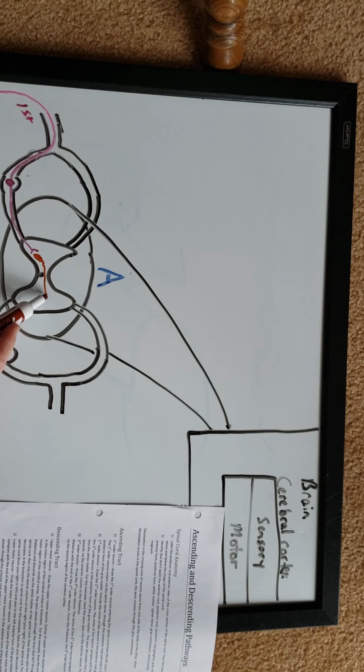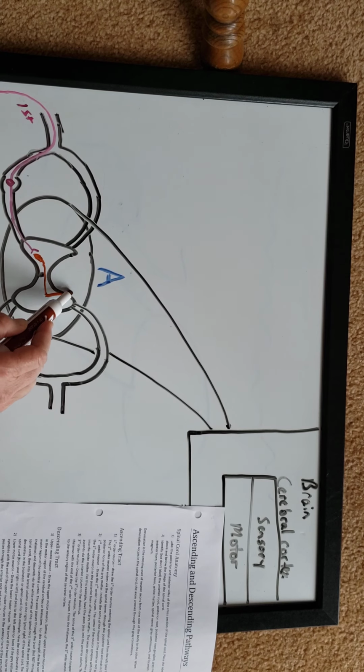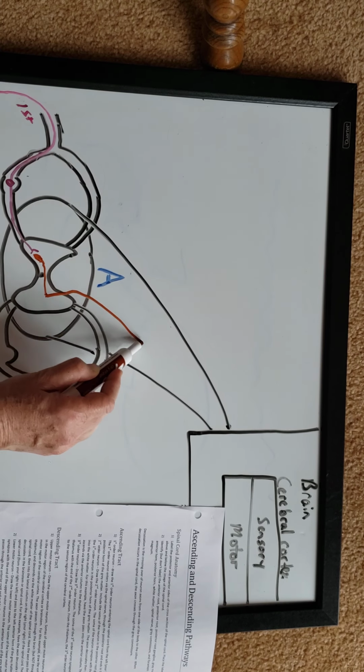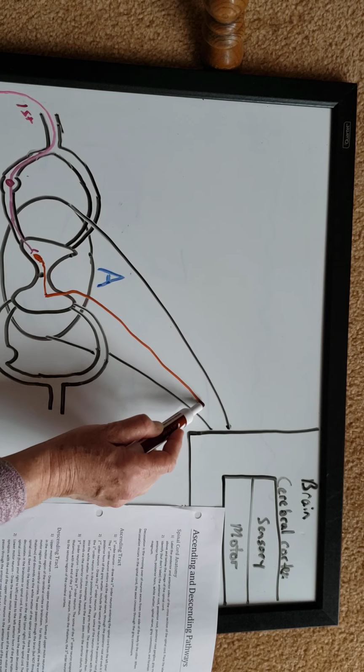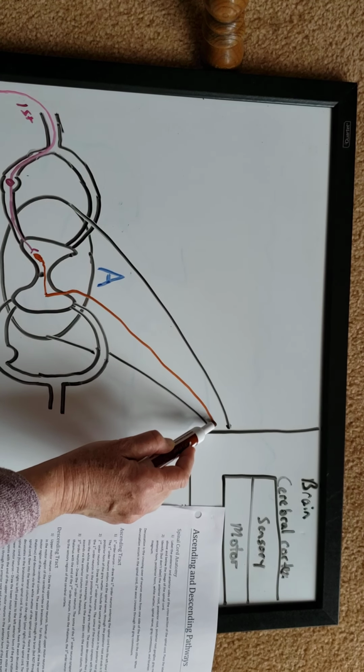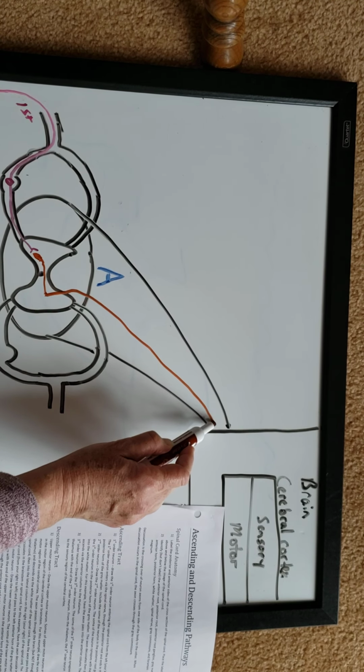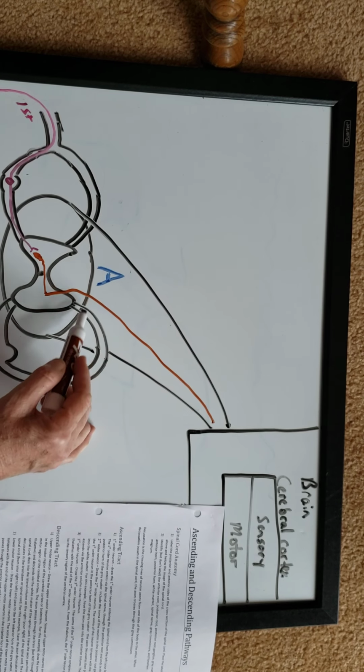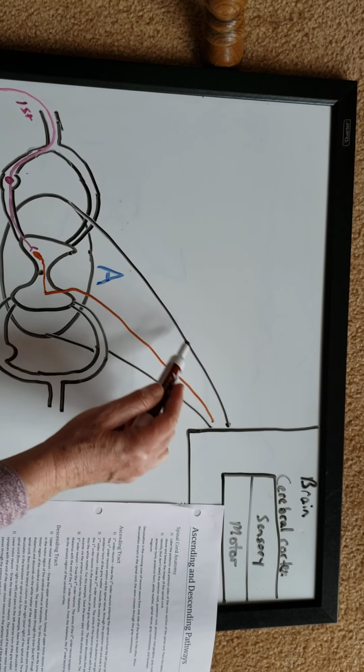So that neuron decussates, passes over to the other side of the butterfly, and then that neuron begins to ascend the spinal cord. It goes up through the spinal cord. Remember, it's an ascending tract. So we are in the white matter of the spinal cord when we're out here.